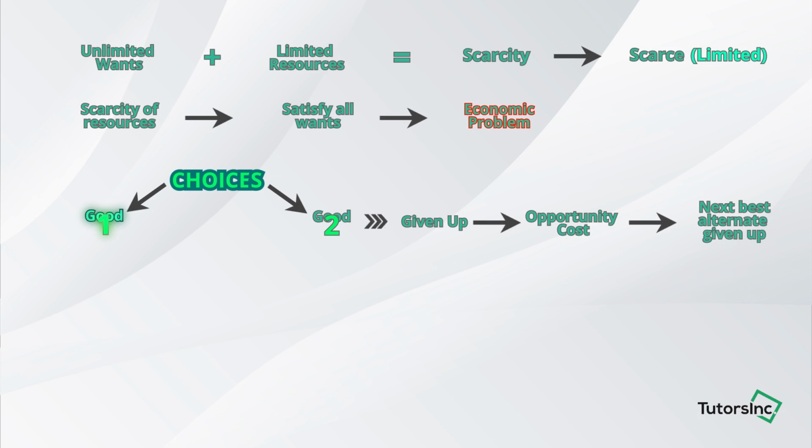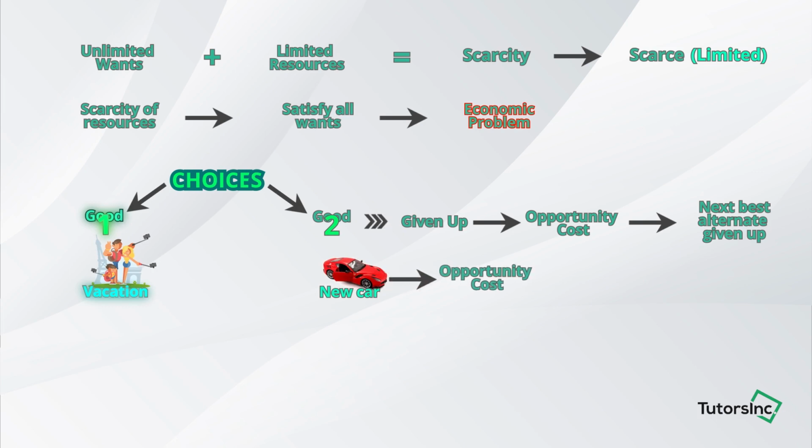For example, if you choose between taking a vacation instead of buying a new car, the new car is your opportunity cost. If you choose to buy a new car over the vacation, then the time spent during your vacation is given up. Hence, that becomes your opportunity cost.